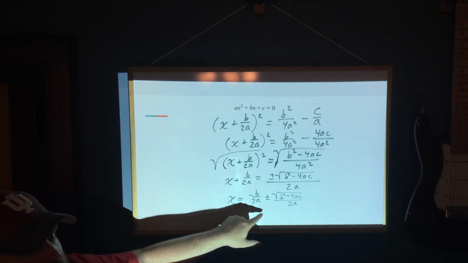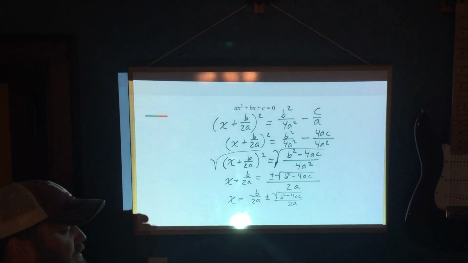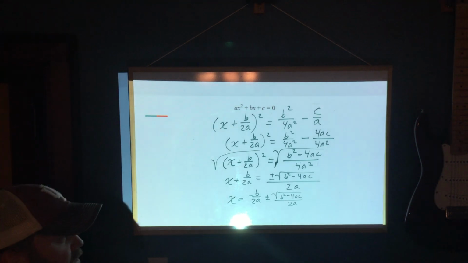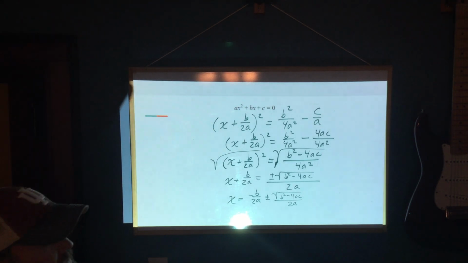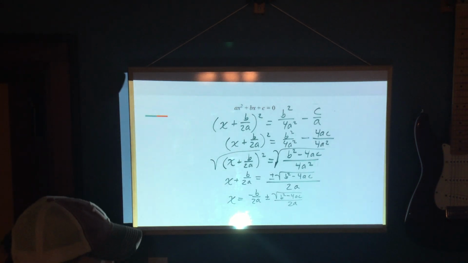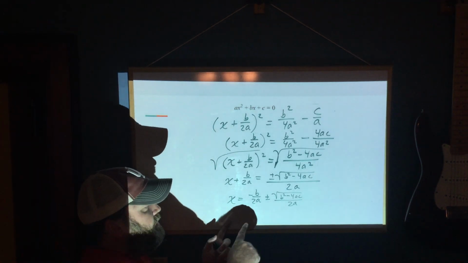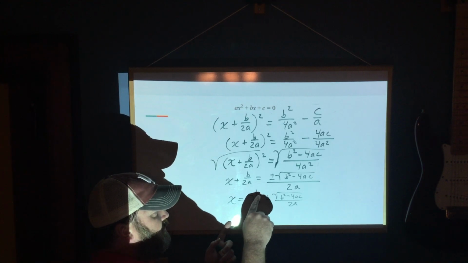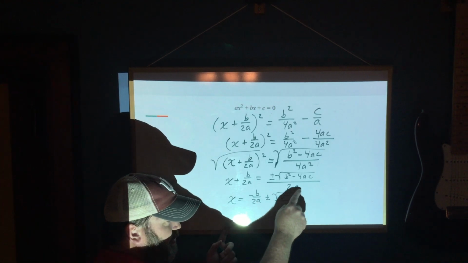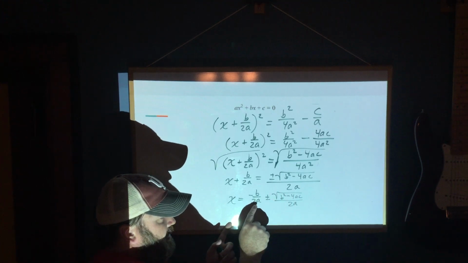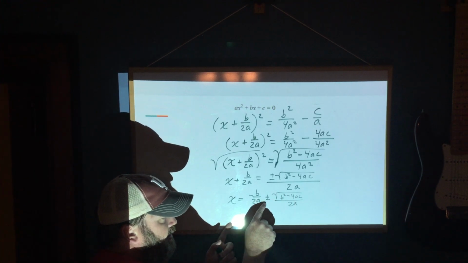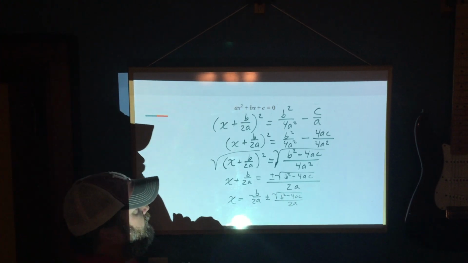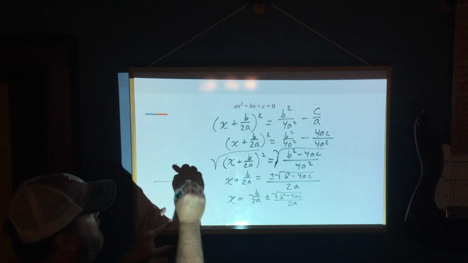That's where that comes from. If you go back and watch that video, I just said, hey, trust me, one day I'll be able to show you where it comes from. Well, today's that day. So what we're seeing here is this gives you the axis of symmetry, and to get one solution, you would add this number, and then to get the other solution, you would start here and subtract that number.